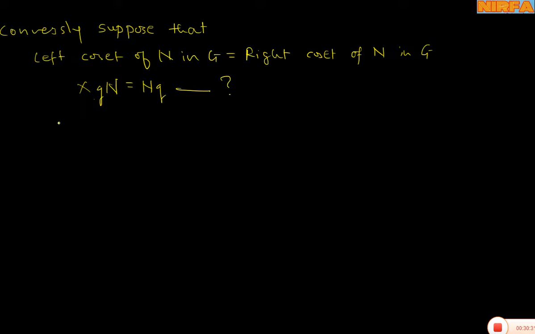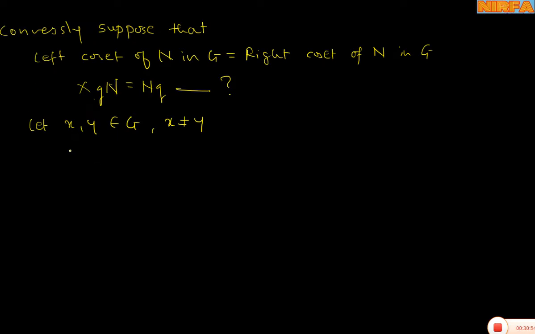So what I will do here, I am considering two different elements. Let x and y belong to G such that x is not equal to y. And now, using these two elements, I will construct one a left coset and another a right coset.